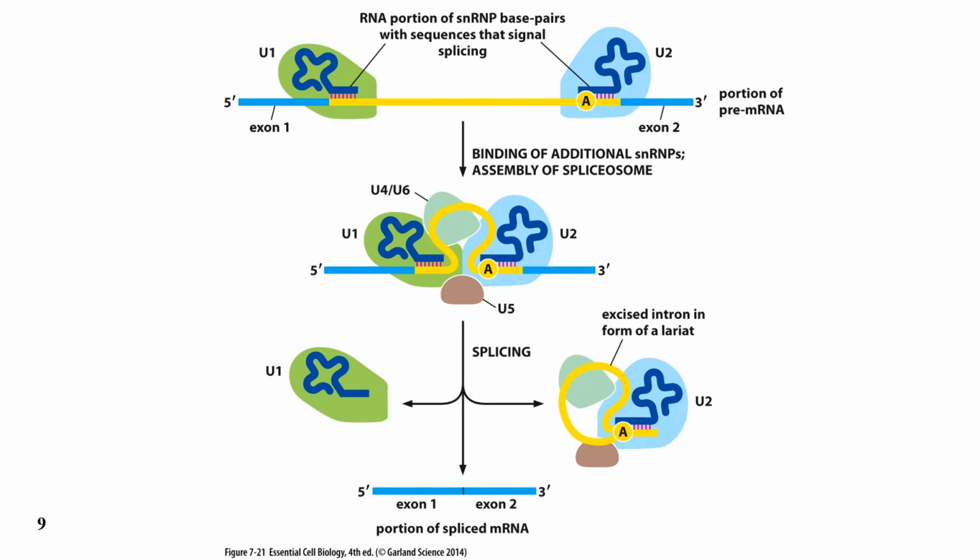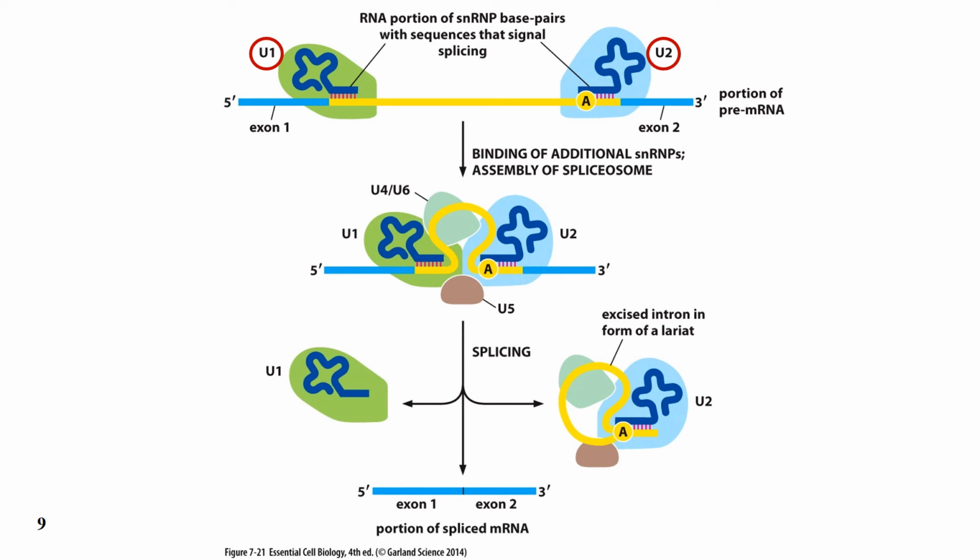Here's a cartoon showing you how the snurps facilitate splicing. We have our U1 and our U2 snurps with the blue snRNAs, the heavy blue lines depicting the snRNAs, and the colored green and blue respective blobs surrounding those snRNAs to represent the snurp.